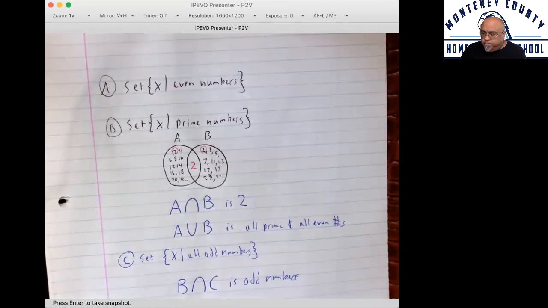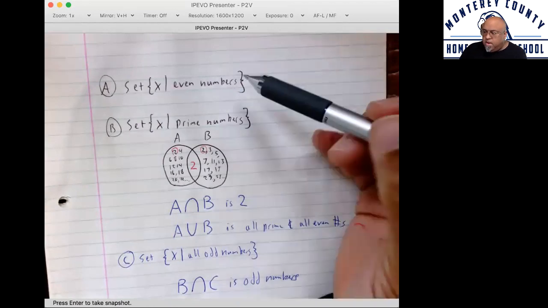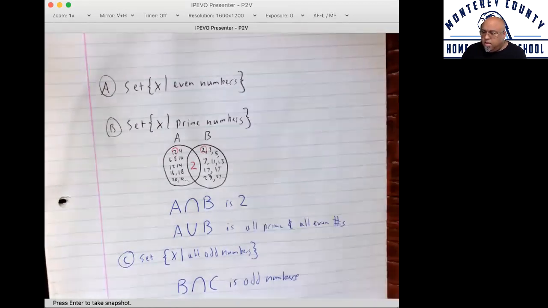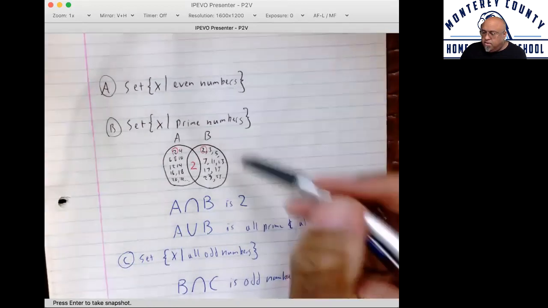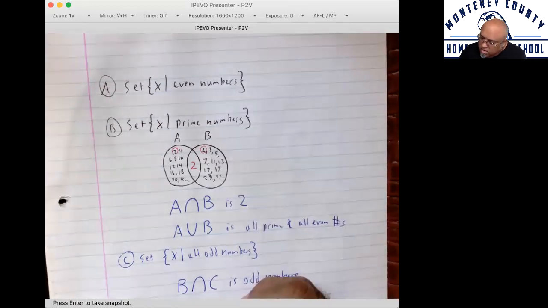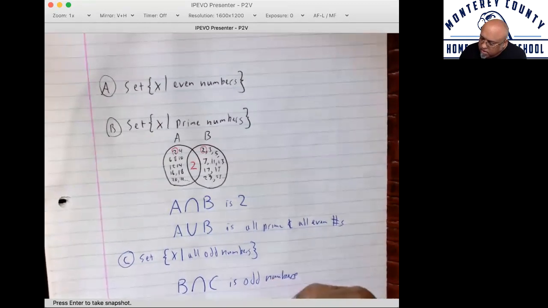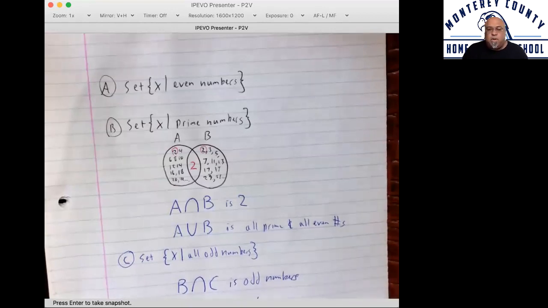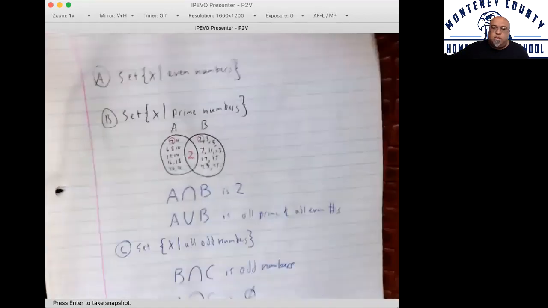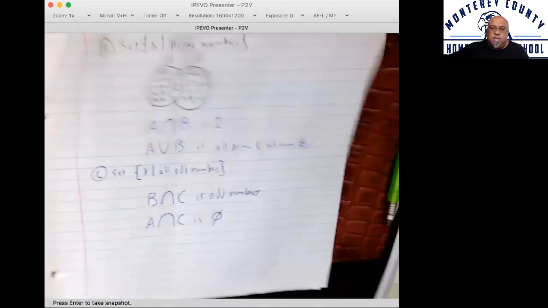But let's take a look at A and C. A is even numbers and C is odd numbers. So if I were to say the intersection of A and C is null, because there are no common elements. Oh, I just realized I'm off the screen here.